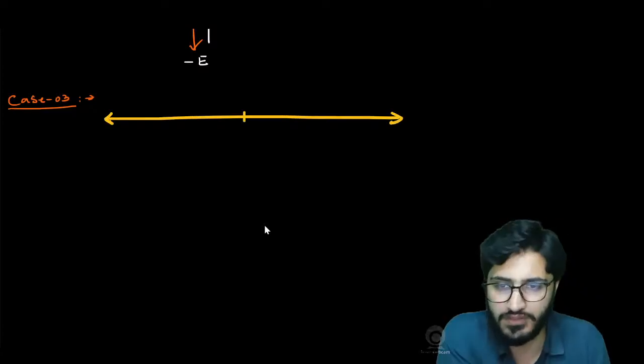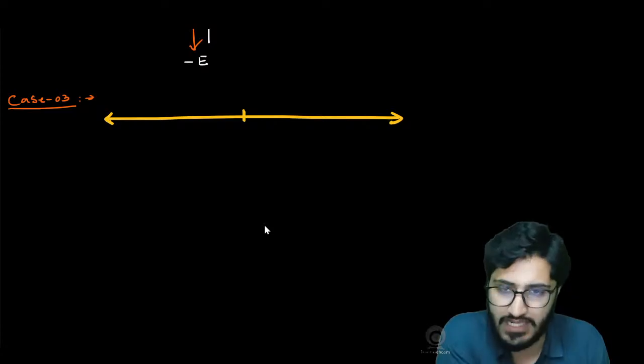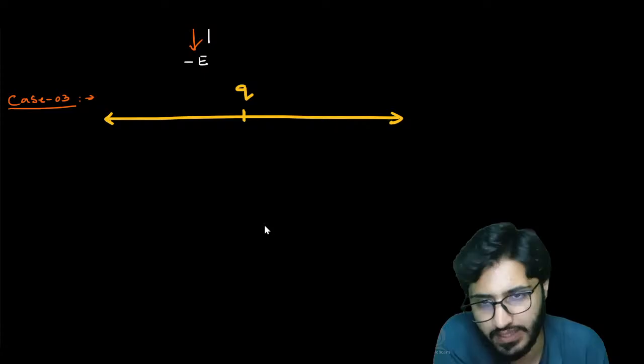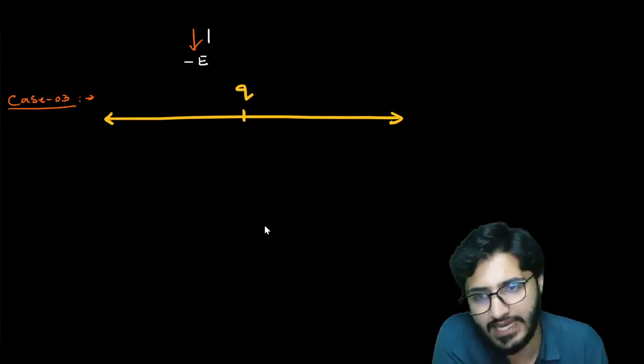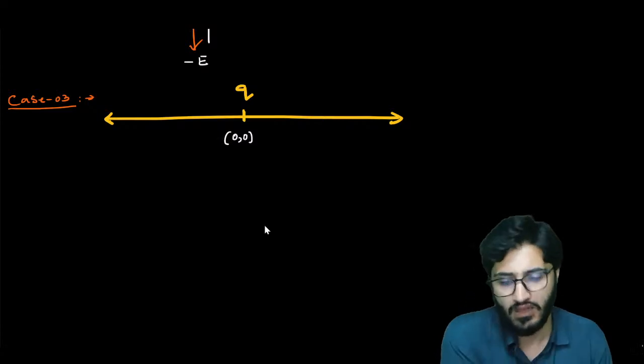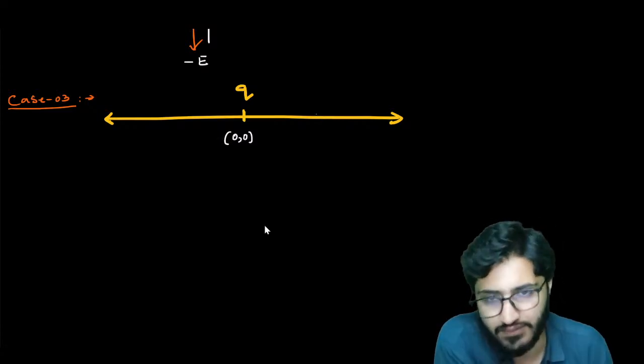This is my origin. We have a charged particle Q here, and it is at the origin. From a particular distance here, we have a charged particle plus Q.